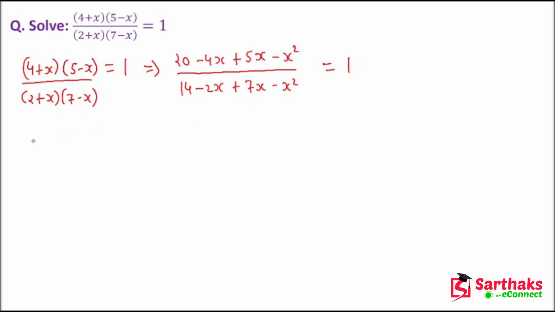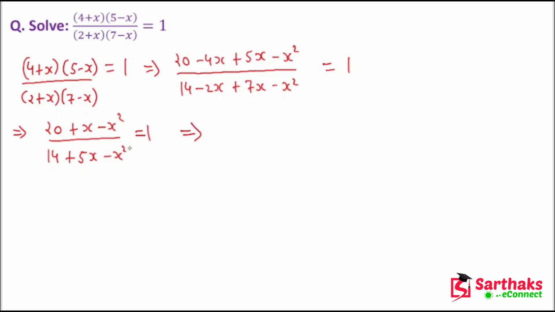By solving the equation we would find that we have 20 minus 4x plus 5x, that is plus x minus x square, whole upon 14 plus 5x minus x square is equal to 1, right?